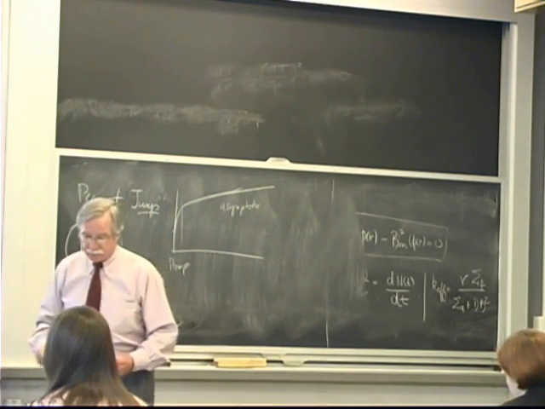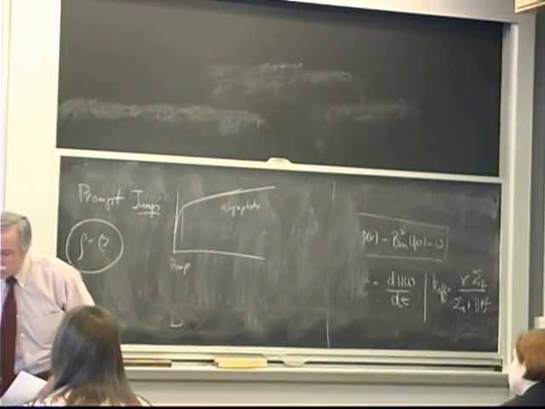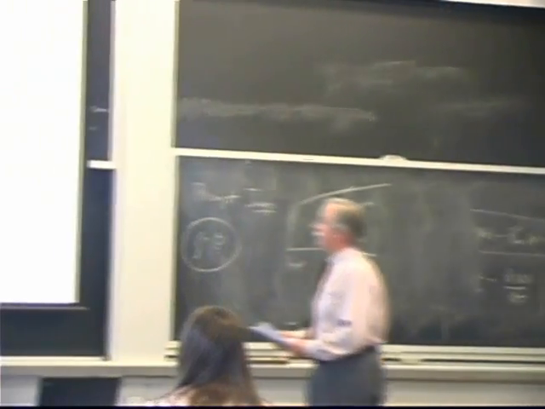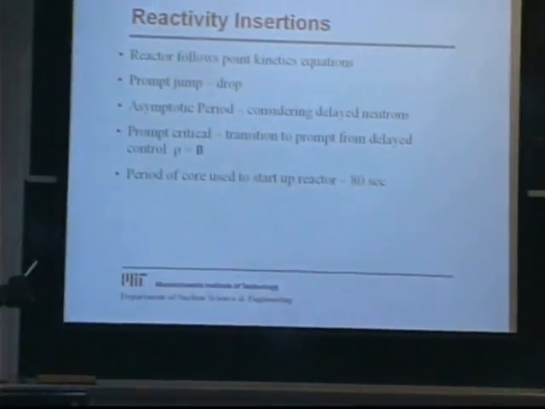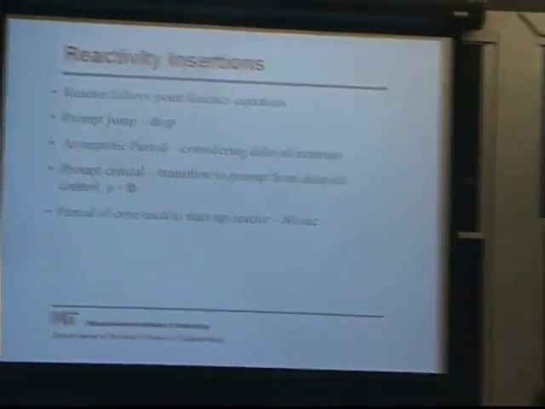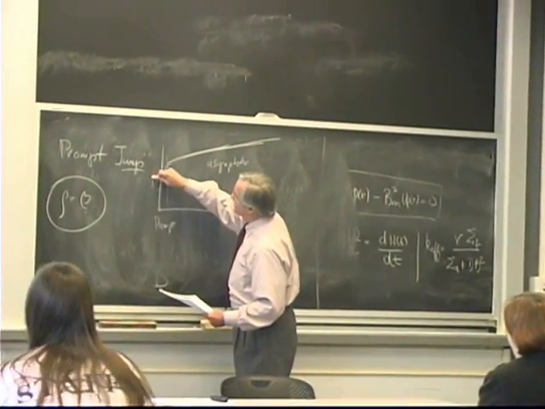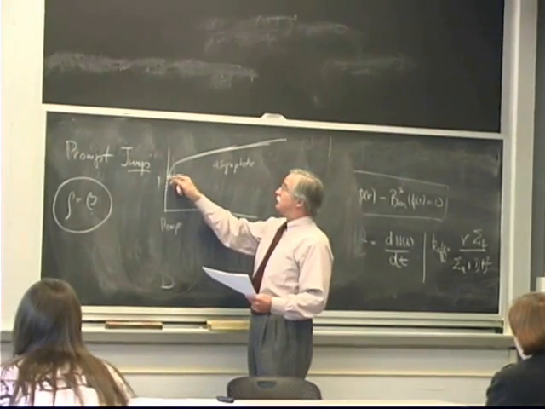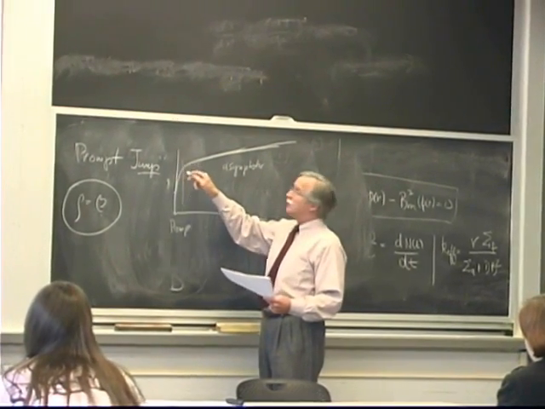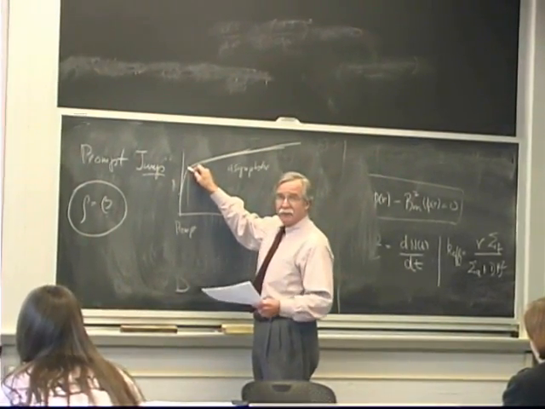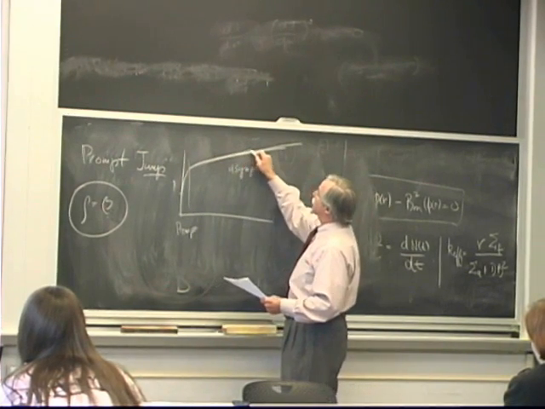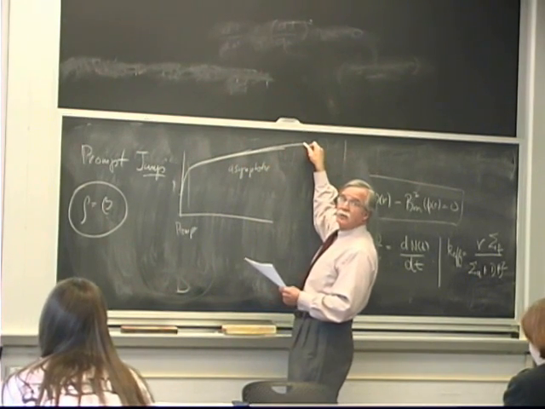So we also have the period of a reactor, which is basically this part of the curve. When you move a control rod, you will get a prompt jump. If you stop it, the reactor will continue to increase in power as the delayed neutrons are produced.